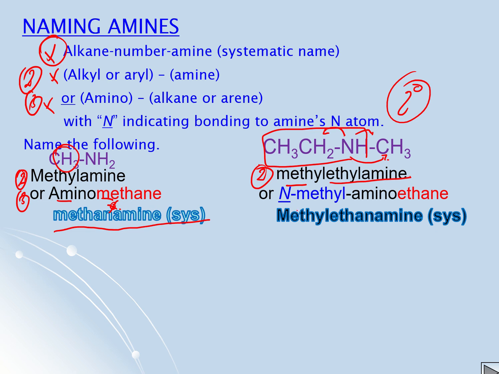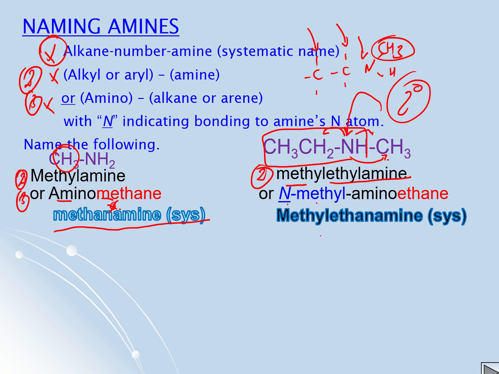It can also be called N-methyl because there's a substitution that's taken place on the N. So if I started off originally with ethylamine, we have a substitution which has taken place on the nitrogen, which is a CH3, so we call it N to show that the substitution hasn't taken place on the carbons.